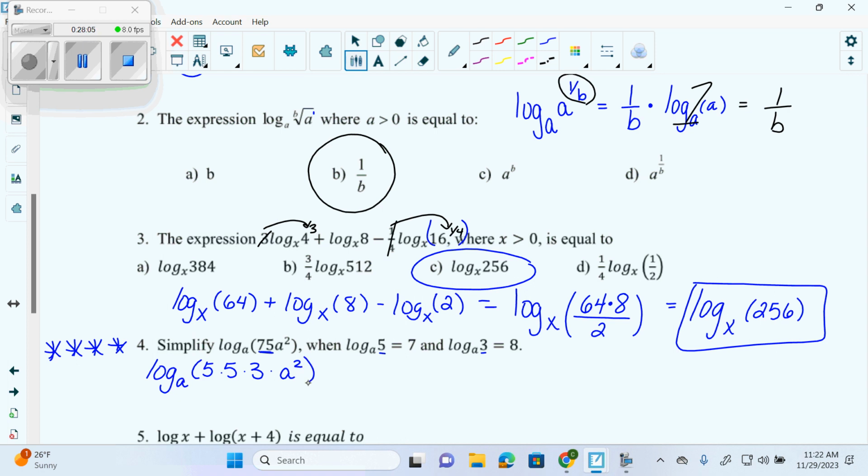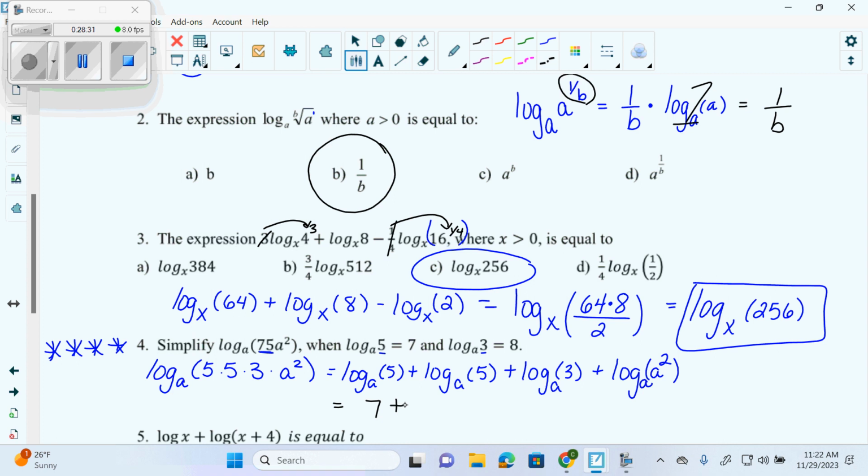Then I can expand them with plus signs. So I get log base a of 5 plus log base a of 5 plus log base a of 3 plus log base a of a squared. Log base a of 5 is 7. It says it up there.